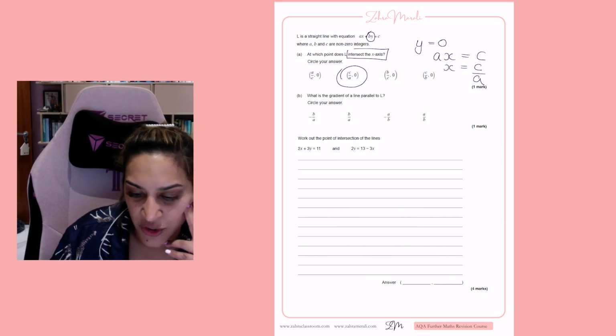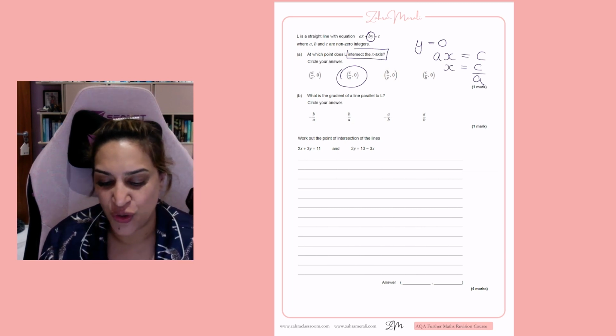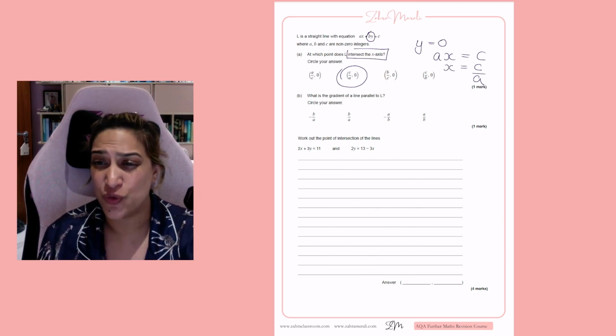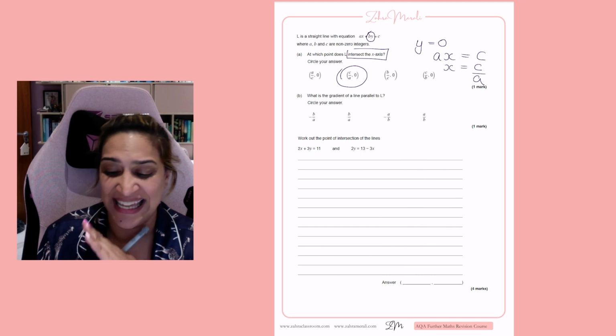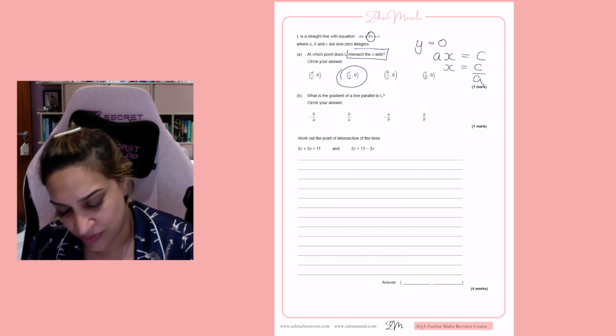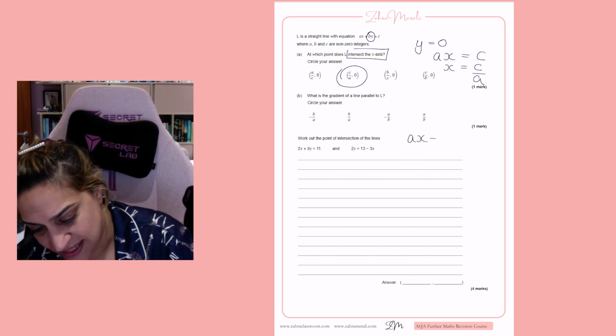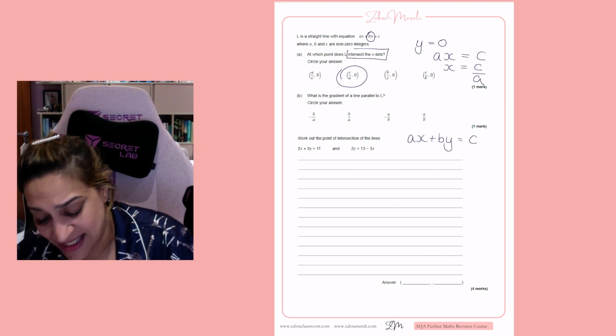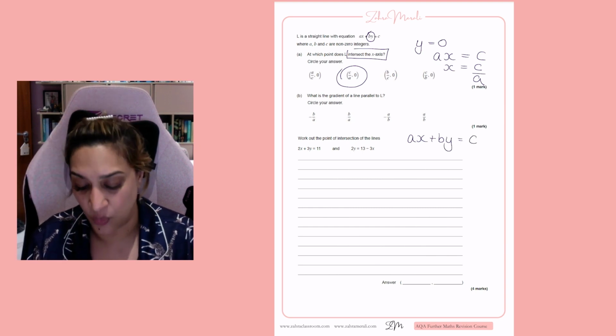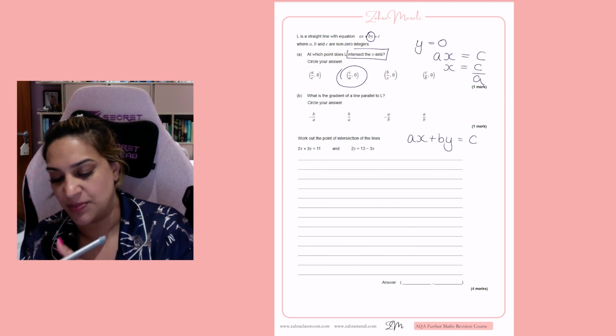Right. What is the gradient of a line parallel? When two things are parallel, their gradient is exactly the same. I can't see what the gradient is yet because I need it to be y equals mx plus c.